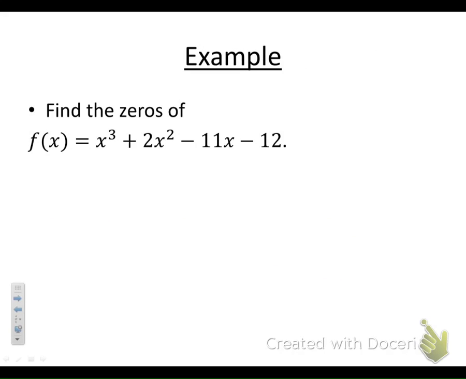We're going to find the zeros of this polynomial using synthetic division, and that tool of taking the factors of our constant term divided by factors of our leading coefficient. I'm going to take factors of the constant, negative 12, and I'm going to divide them by factors of the leading coefficient, 1.